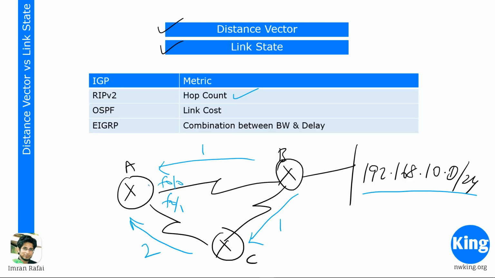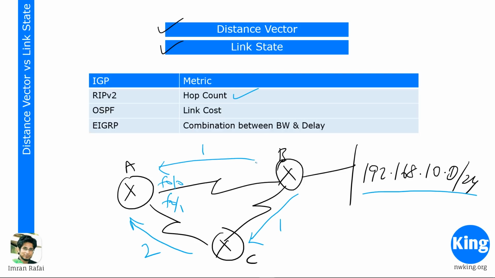So from A's perspective, from F0/0 it's getting a one hop distance to this network, and via router C it is getting a two hop distance. Obviously A, because it is using RIP, and RIP is a distance vector routing protocol, decides on router B.